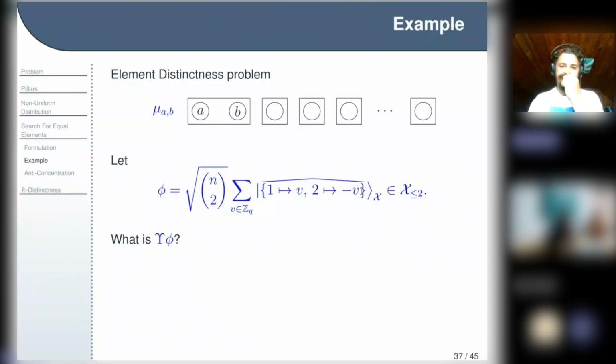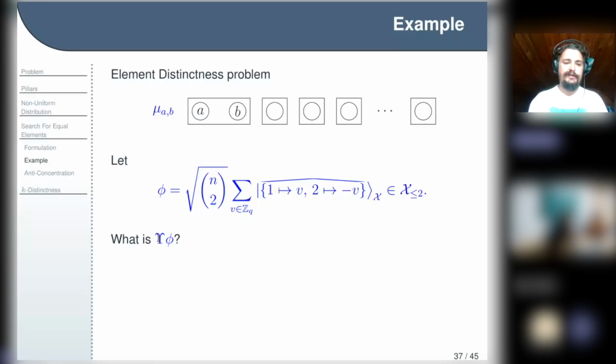This is the function sigma defined on the elements of n. It lives in X at most 2 because the support of this function is 2, if v is non-zero. So this is an element of X at most 2, in the uniform space.